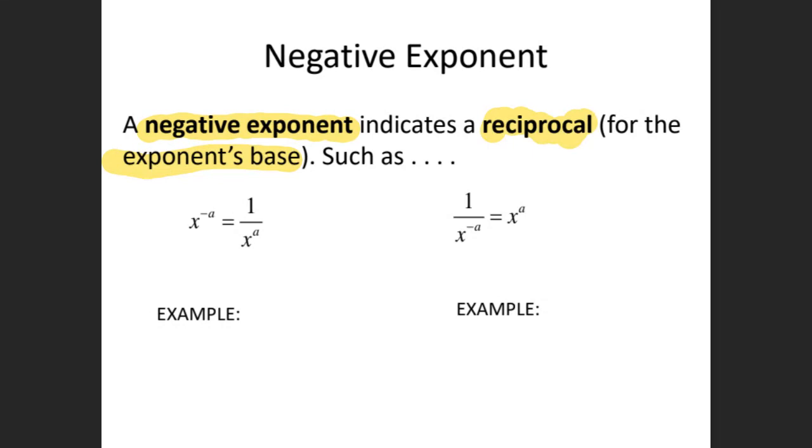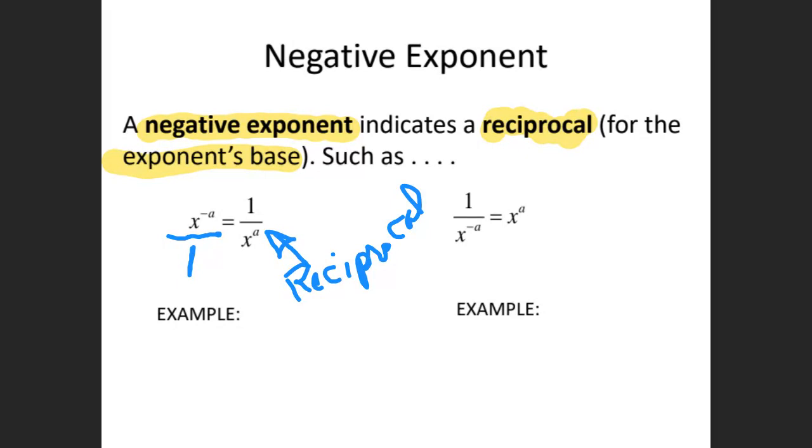Now notice how this works. We have x to the negative a. We are going to know that there's a 1 underneath x to the negative a. It flips. This is my reciprocal.